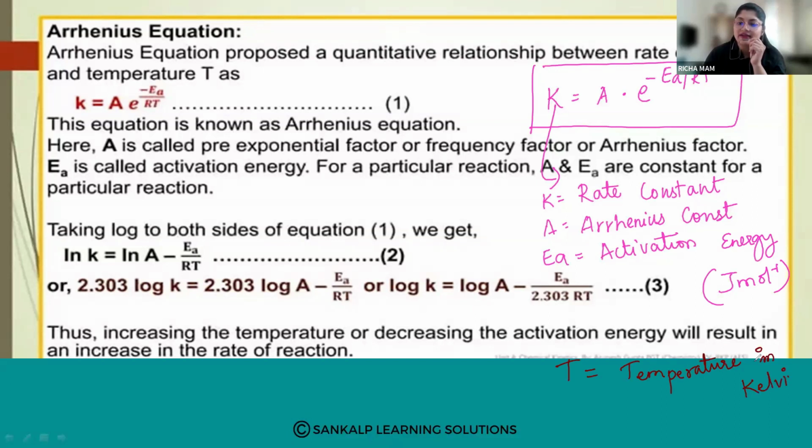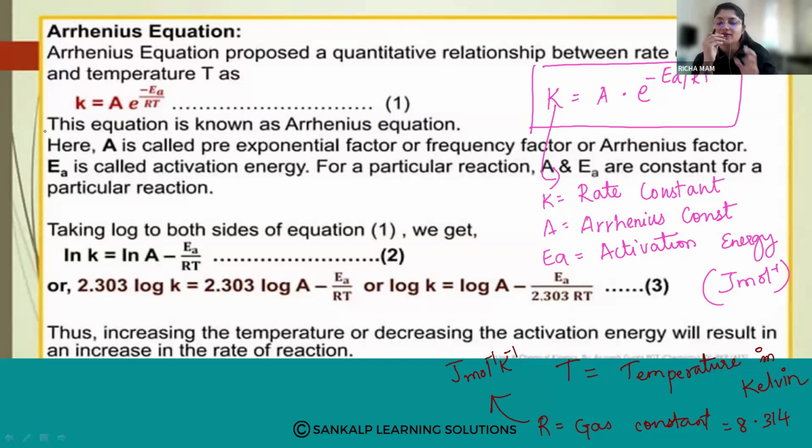R is what? R is the gas constant. The value is 8.314 joule per mole per Kelvin. So please note it down. What is the gas constant unit? Joule per mole per Kelvin.